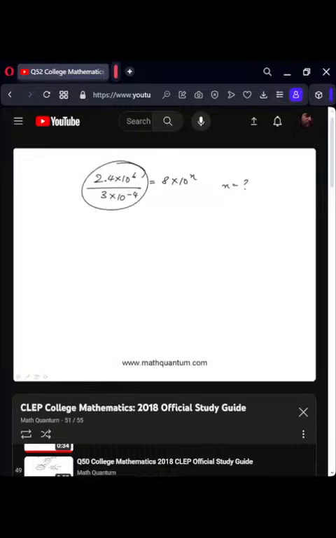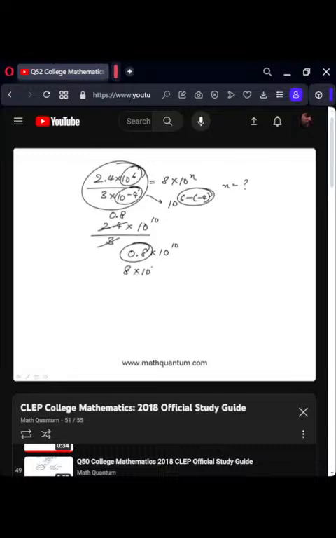We'll start by simplifying. 10 to the 6 over 10 to the minus 4 would be 10 to the 10, applying the difference rule, 6 minus negative 4, that's 10. 3 goes into 2.4 0.8 times, so this is 0.8 times 10 to the 10, and that's the same as 8 times 10 to the minus 1 times 10 to the 10, and this becomes 10 to the 9 because we add the exponents.